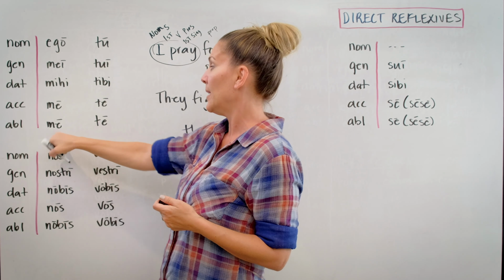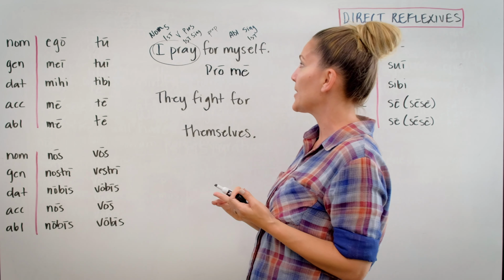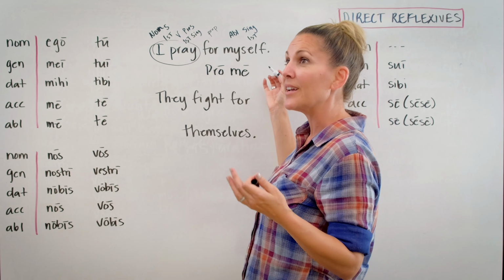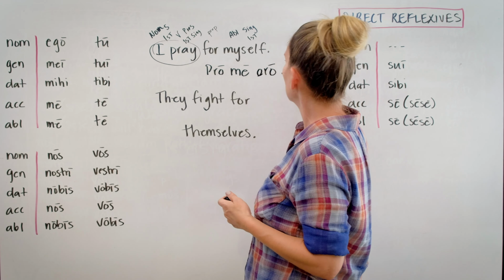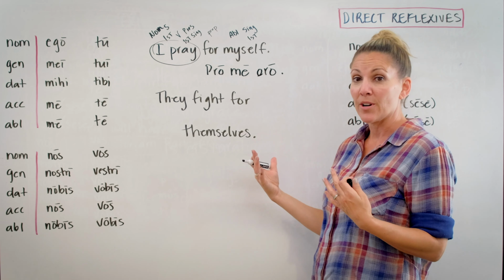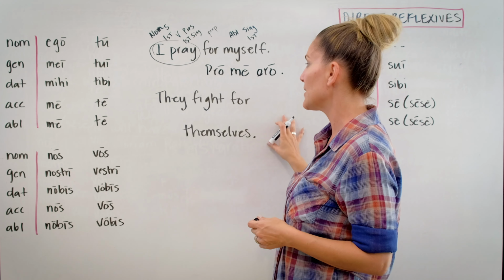So that would be me. And then I pray, a present tense first person singular ending for oro, orare, oravi, oratus, is just oro. And so that's what that would look like. Pro me oro.